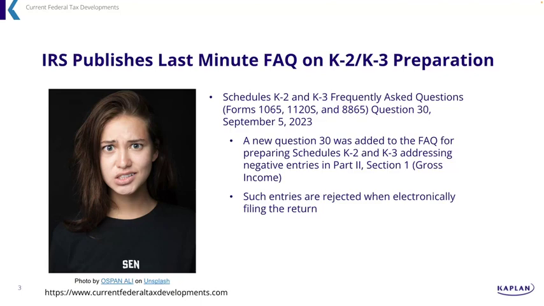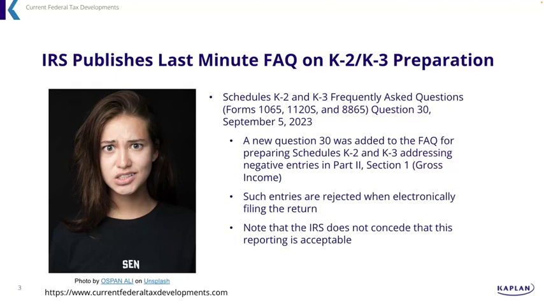Now, the interesting part is I hadn't heard anybody complaining about that. I've heard all kinds of odd complaints about schedules K2 and K3 on the foreign tax credit issues, but this was not one I had really heard a groundswell of people complaining about, but apparently some people were. Now, the interesting part is if you look at the entries there, it doesn't seem that anything there ever should have a negative entry.